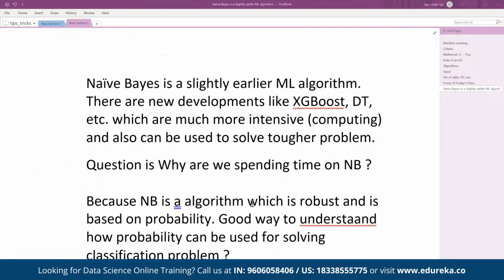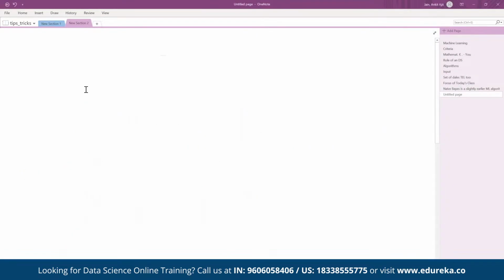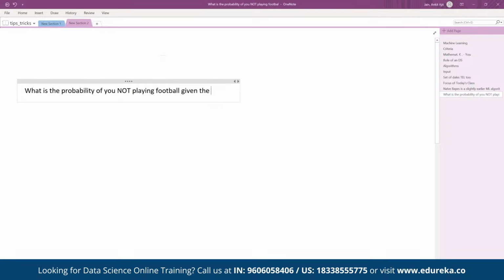So let me write this so that you understand. What is the probability of you not playing football, given the conditions are sunny and the other one is winter time?